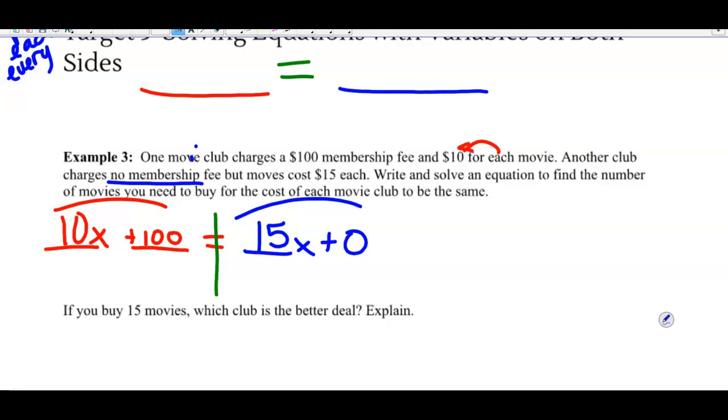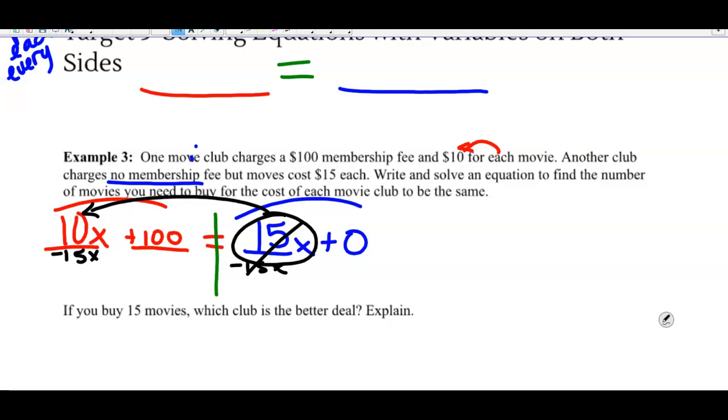We are going to take our variable term to the left side. So I'm going to take this positive 15x and I'm going to move it over here to the left, because I like my answer at the end to say x equals. So this is minus 15x, and it cancels 15x.